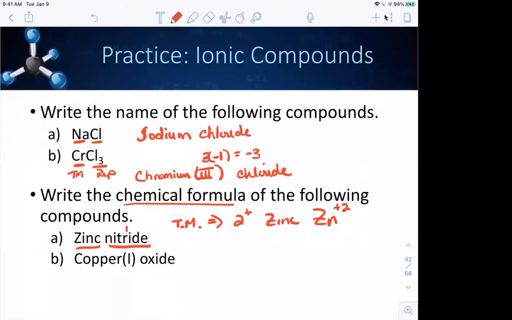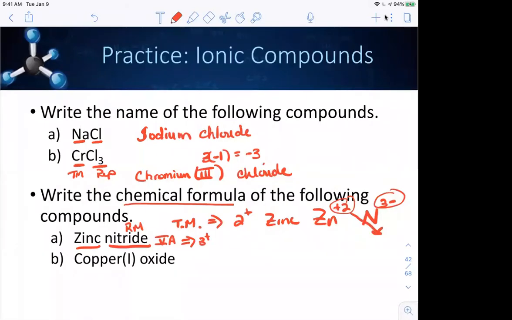Nitrogen is a representative element. It's in group 5A, so it forms a 3-. So my nitride is N3-.